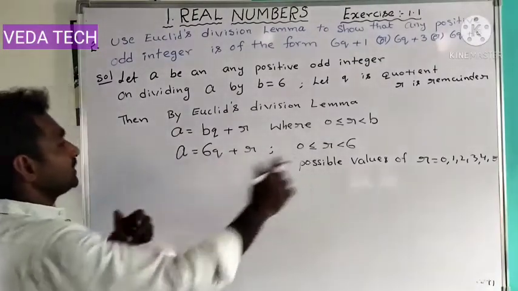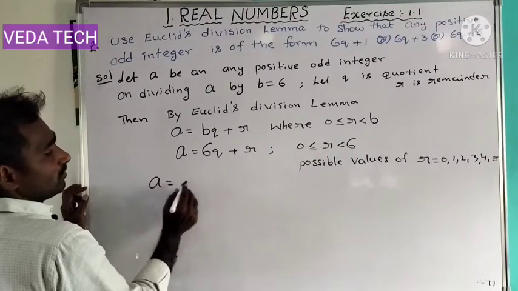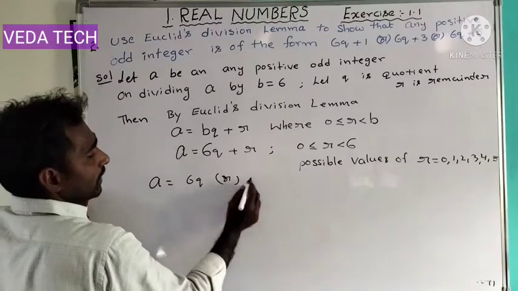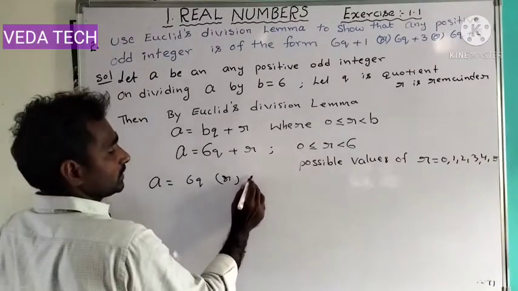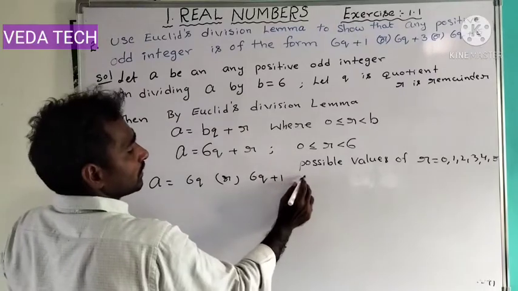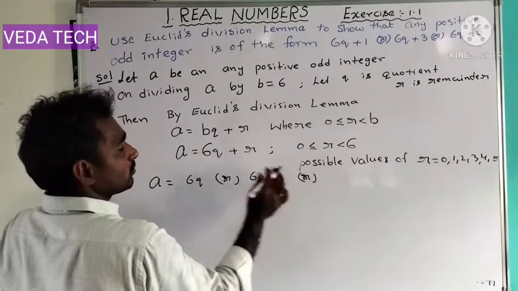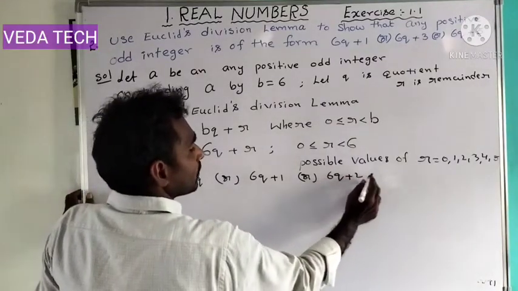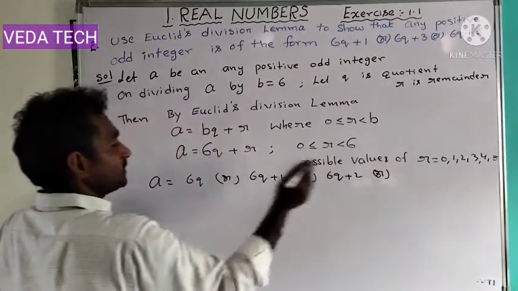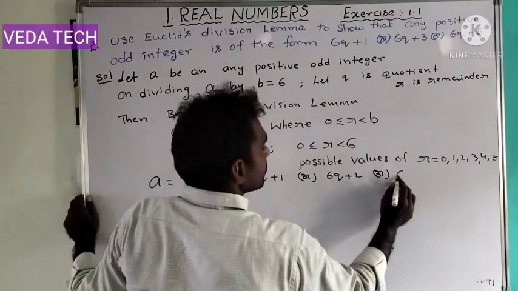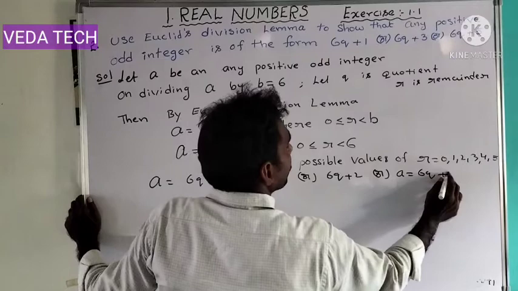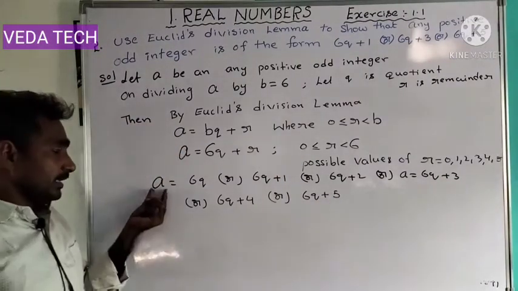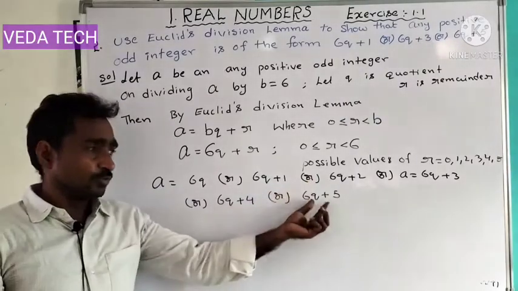So a is of the form: r value 0 means 6q; if r is equal to 1 then a is 6q plus 1; or if r is equal to 2 then a is 6q plus 2; or if r is equal to 3 then a is 6q plus 3; so on up to 6q plus 5.